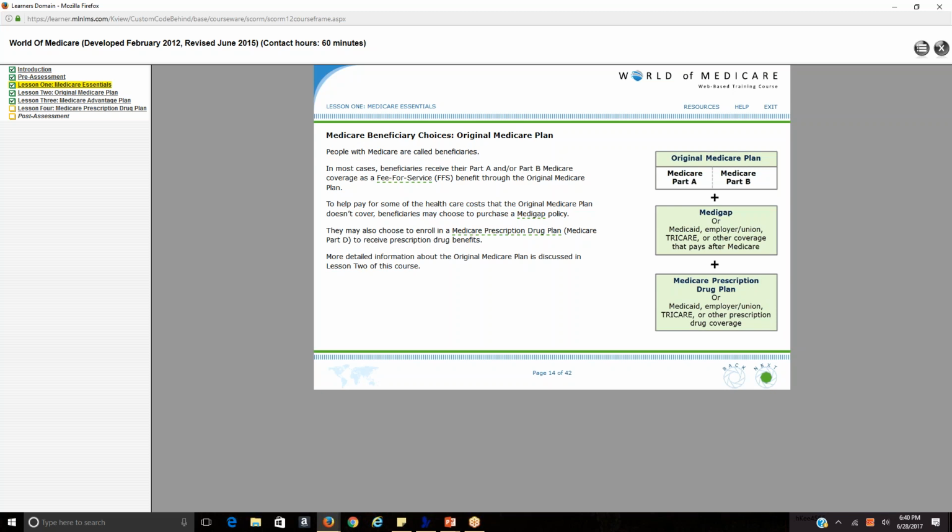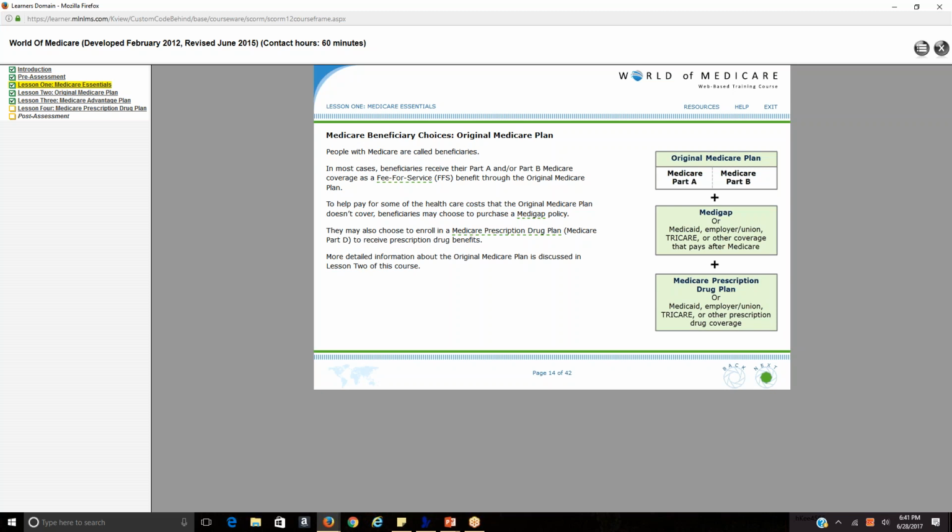Now because Medicare Part B only covers a limited amount of doctor visits, most Medicare patients who have Part B will also purchase a Medigap policy or have some type of supplemental policy through an employer, a union, maybe if they're a retired veteran, or they may have TRICARE or other coverage that pays after Medicare, okay?